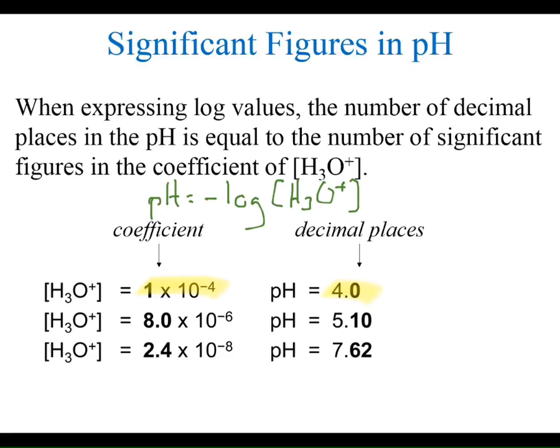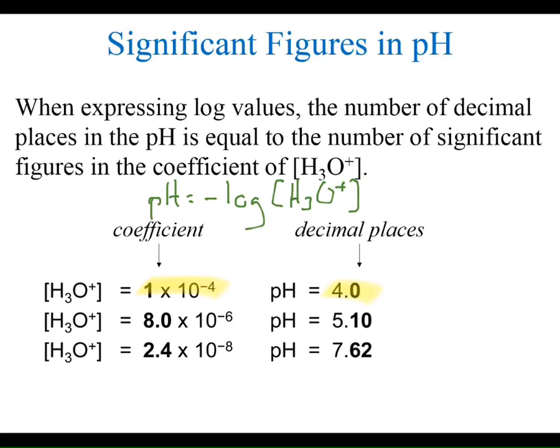But if it's not a nice even number like 1, well, it is going to make it slightly bigger or smaller than the exponent. So now how does sig figs work? Well, the log basically turns this exponent into a 4. So the log takes care of this first part. Where do the sig figs come in then? Well, the sig figs are whatever numbers are in front of the exponent.